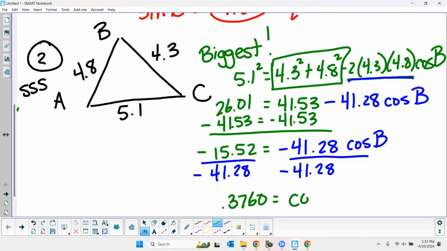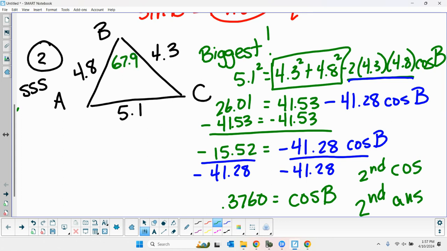And that's cosine of B. So to find this answer, you go second cosine, because it's the law of cosine, second answer. All right, and that gives us angle B, comes out to be 67.9 degrees when I do that step.